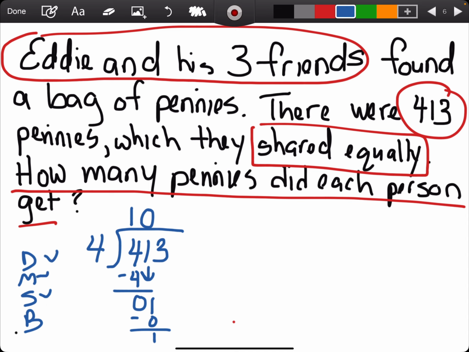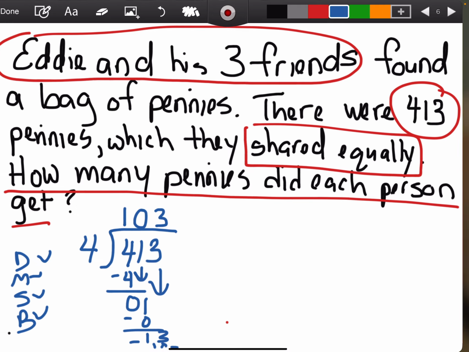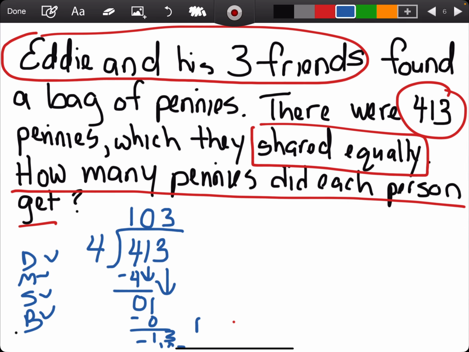Divide, multiply, subtract, bring down. Bring down the 3. 4 goes into 3 how many times without going over? 0 times. Then 4 goes into 13 three times. You're going to subtract the 12. 13 minus 12 gives us a remainder of 1. So now, your answer is 103 pennies, remainder 1.